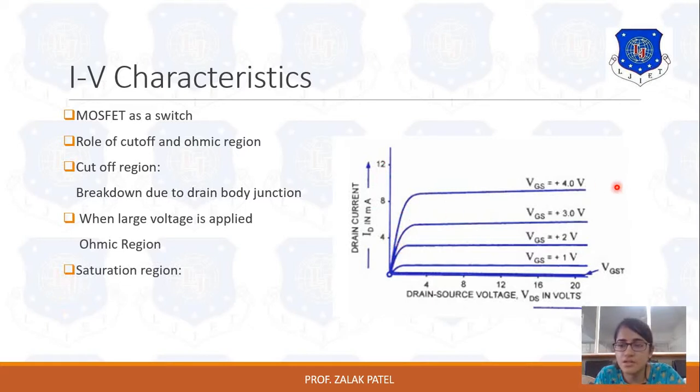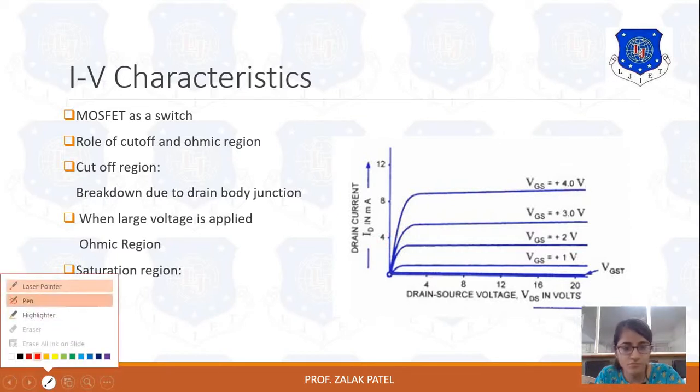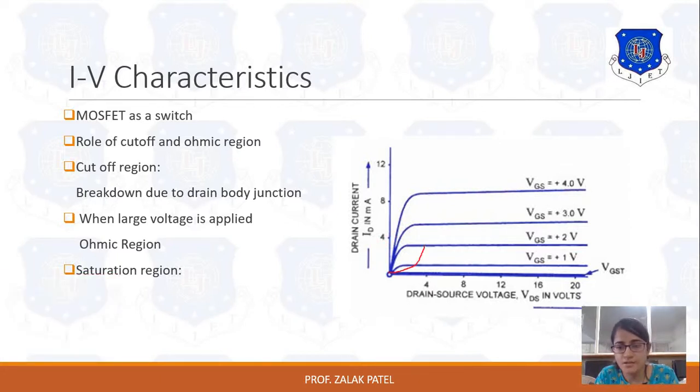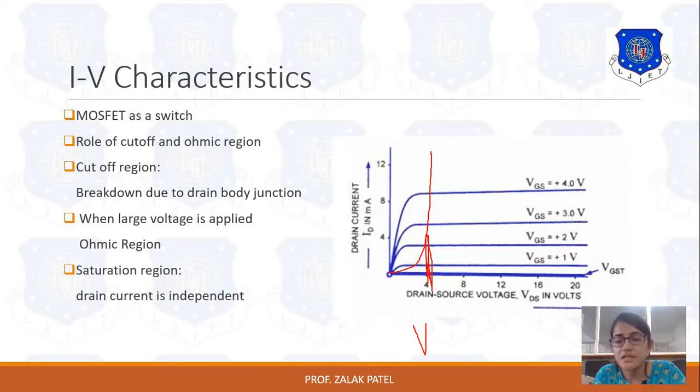Next is the saturation region. The saturation region is like this. Over here, at a fixed value of drain to source voltage, there is a high amount of drain current passing. Meaning the drain current is independent of VDS, so the graph should be like this for the saturation region.